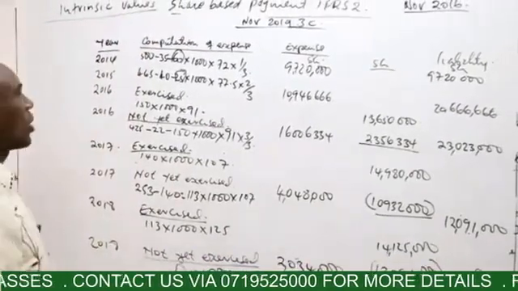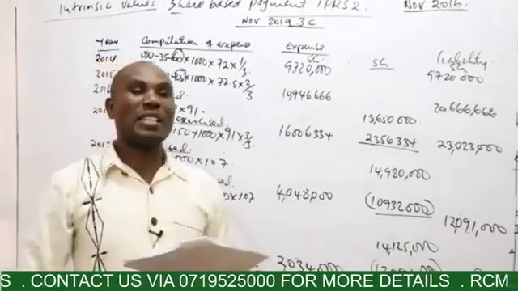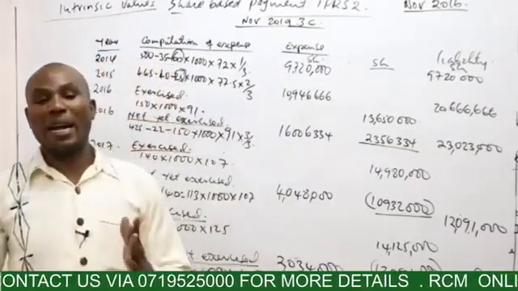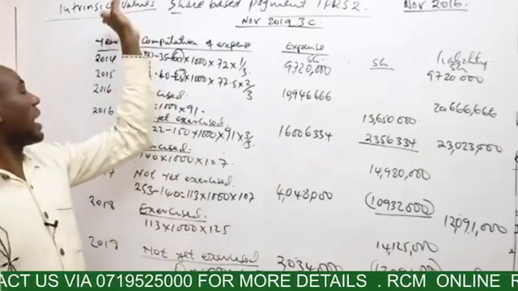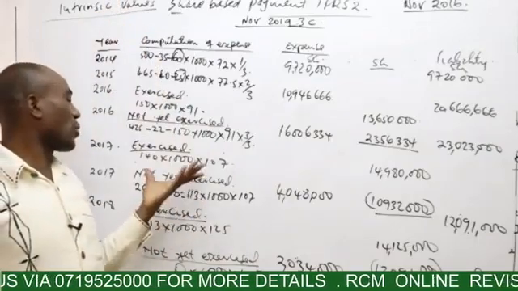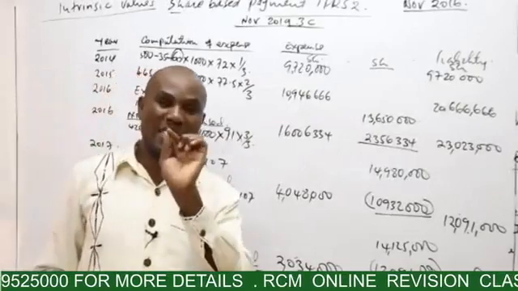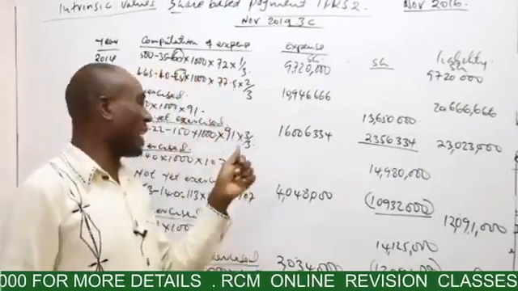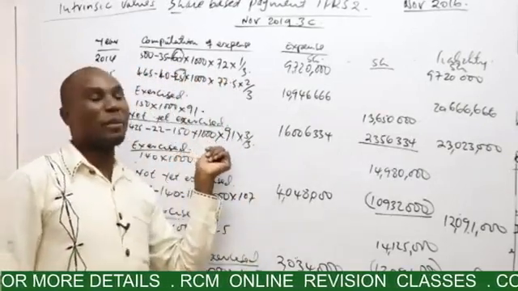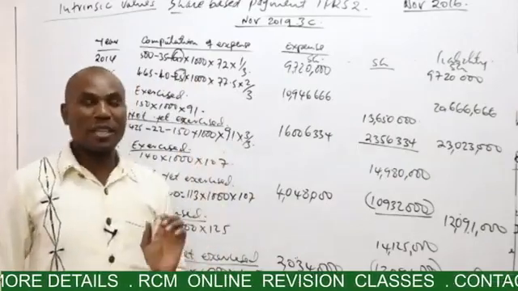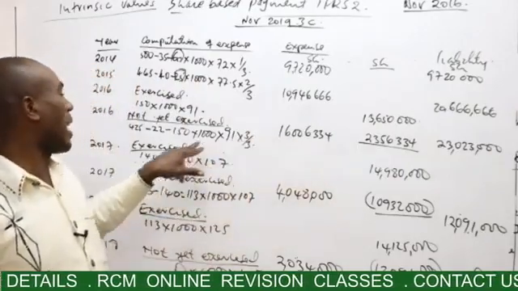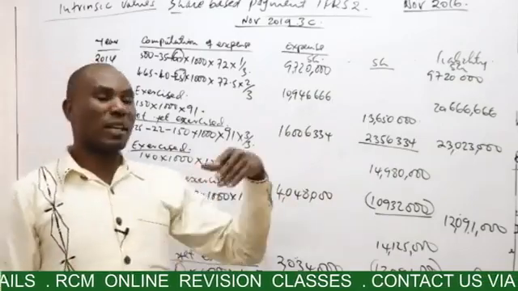The definition of intrinsic value is the difference between the fair value and exercise price. But now you are not given, we just used the fair value. But in the question I gave you, there is intrinsic value. Now on exercise, good students, you will be using the intrinsic values. But not yet exercised, just use the fair value.